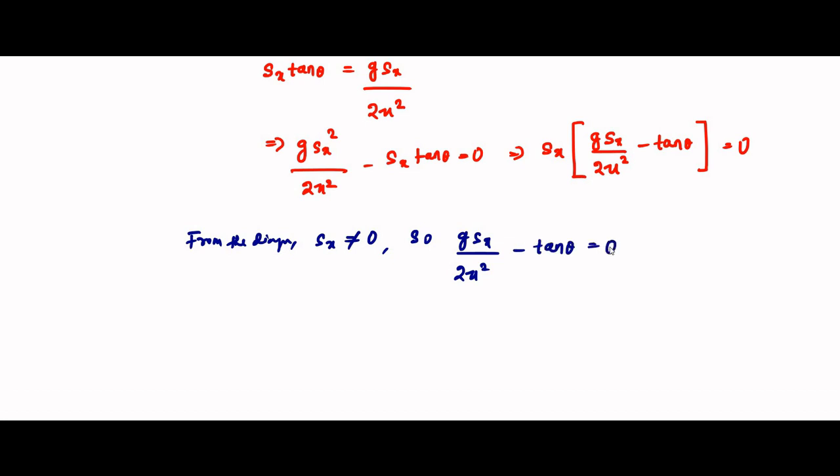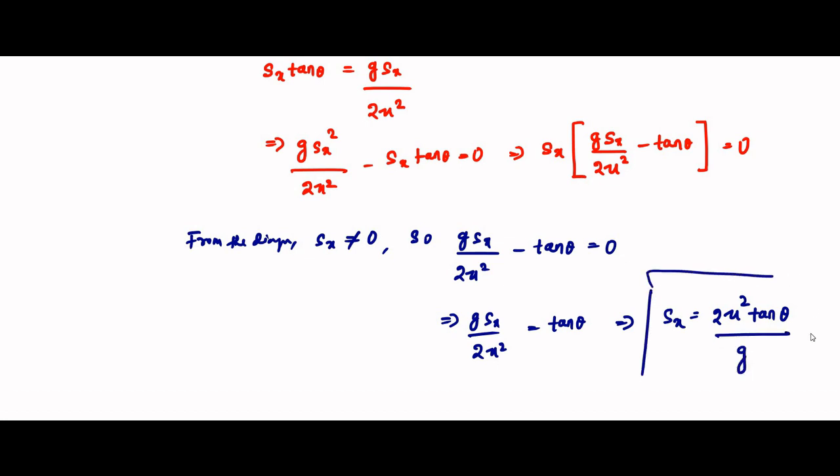That implies g Sx by 2u square is equal to tan theta, or we can write Sx is equal to 2u square tan theta by g. Here we have represented Sx in terms of u, tan theta and g.